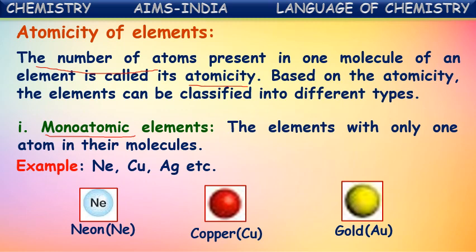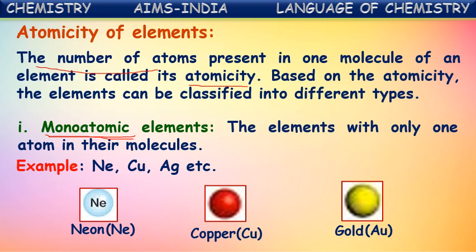So let us see the different classification of the atomicity. First one is monoatomic elements. What is meant by monoatomic elements? The elements with only one atom in their molecules. Whenever you represent copper metal, it is represented with Cu only. No Cu2, no Cu3.